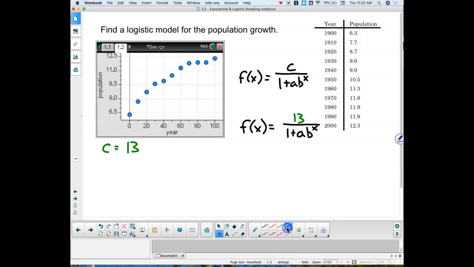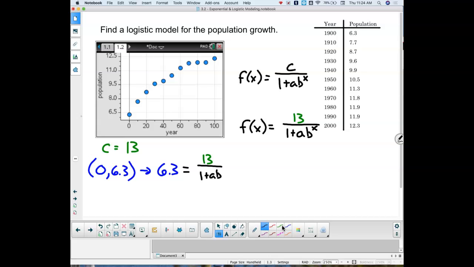Because we said in our function that 1900 was 0, if I use the point 0, comma 6.3, then what's f of x now? 6.3 is going to equal 13 divided by 1 plus a b to the 0 power.